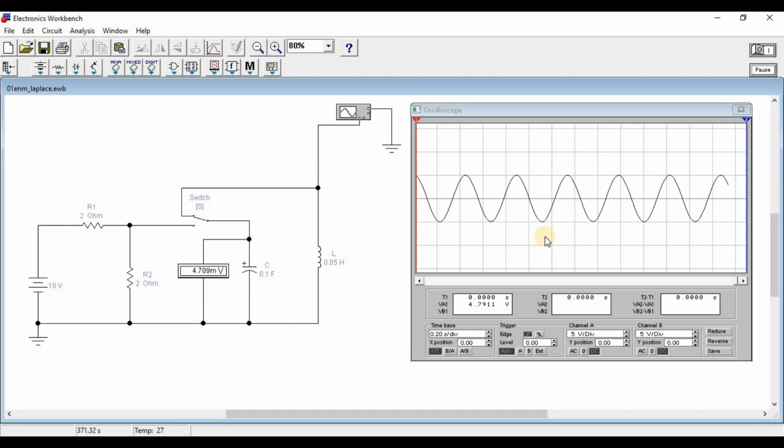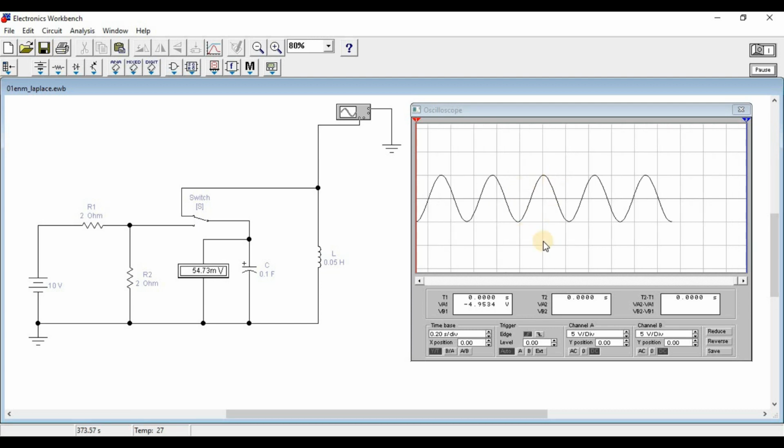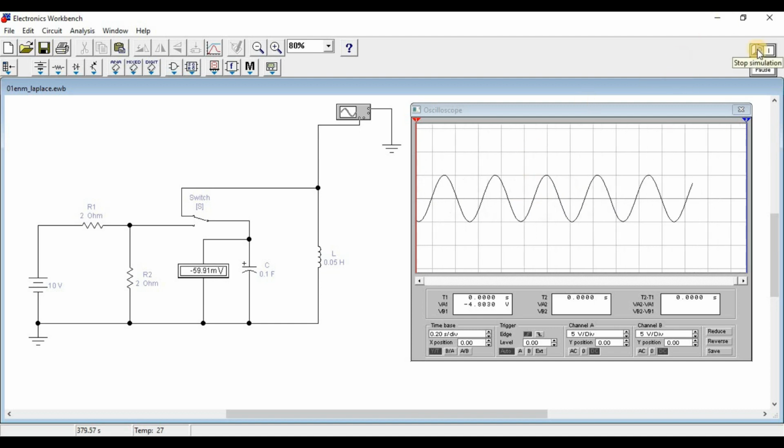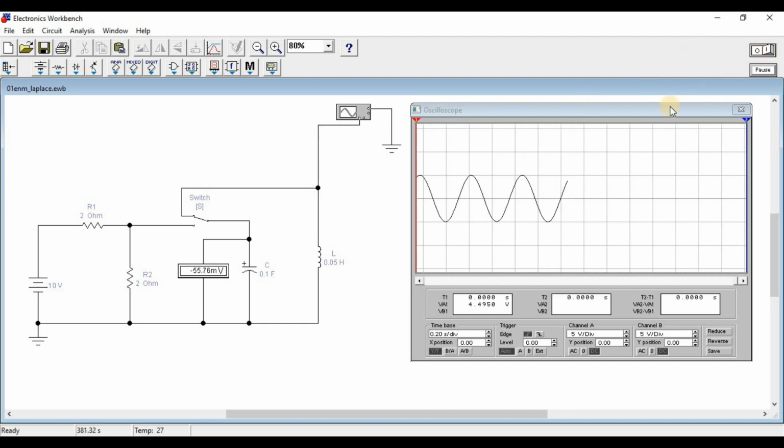Therefore, the voltage will continue to oscillate indefinitely. Okay, let us also measure the period of the signal. The period starts here from this point to this point. Okay, the number of divisions that the period covers is 2.2 divisions. And our setting here for the time base is 0.2 seconds per division.